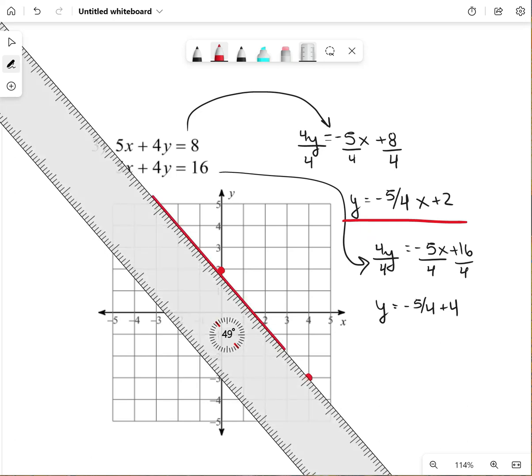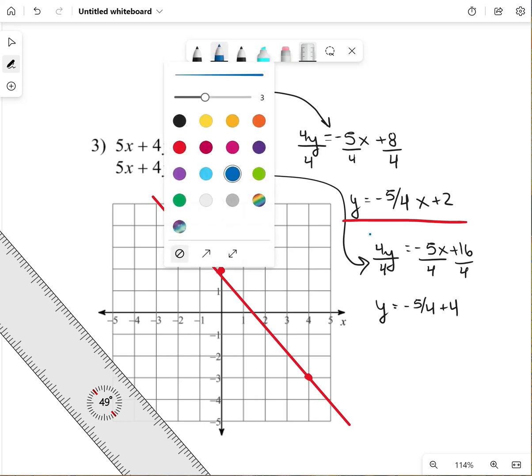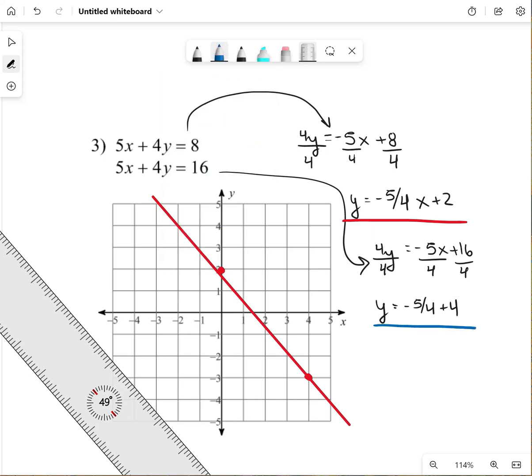And we are also going to look at the other graph, let's say blue, up 4, and the same slope, 1, 2, 3, 4, 5, 1, 2, 3, 4, and we're going to connect those together.